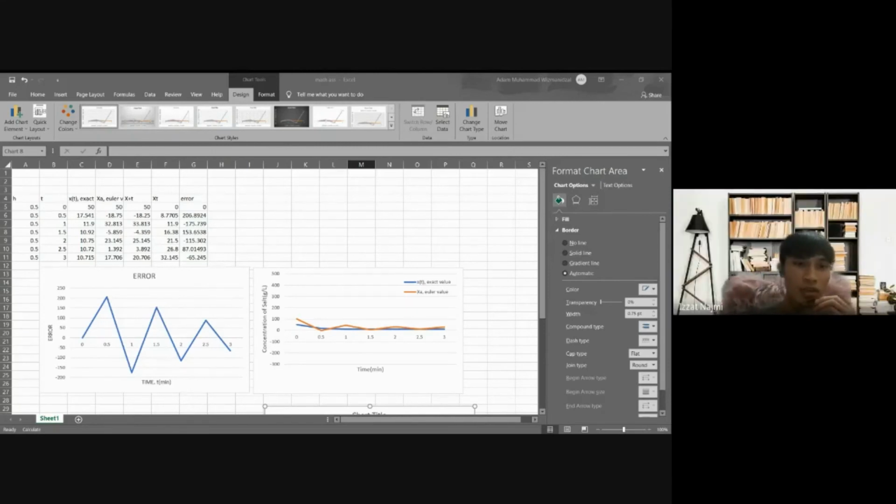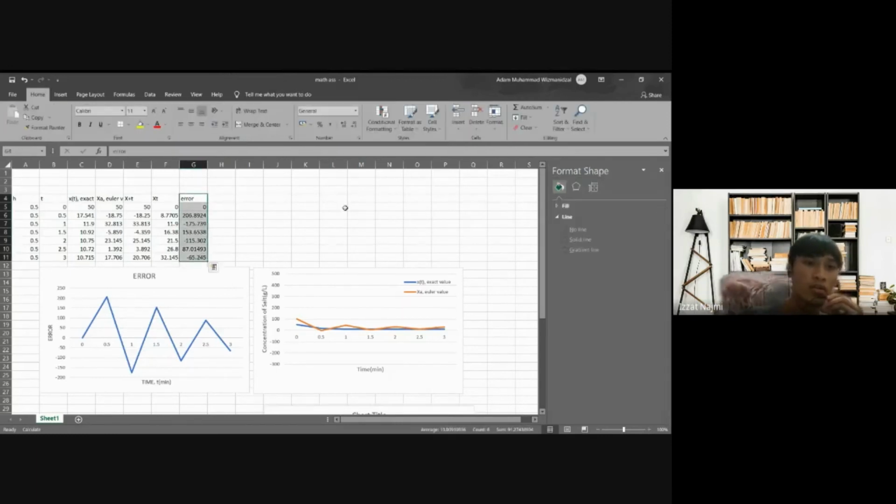So for the exact value and the Euler method, we saw from the graph that at the end of the graph at 3 minutes, the Euler's method graph is above the exact value. For the error, there's a graph that shows that the error is that pattern. So from the calculation, exact value minus Euler, and we get the error.